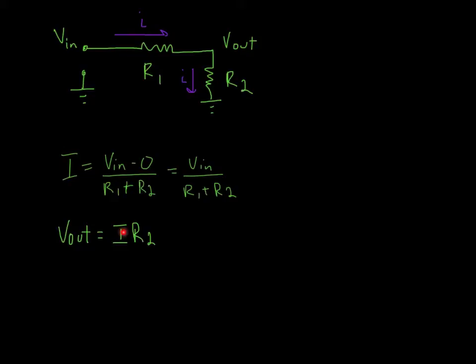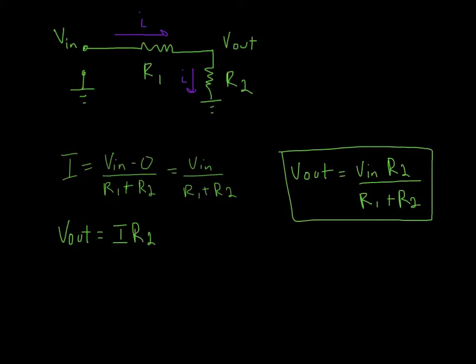When we combine these two equations together, we get V out equals V in times R2 over R1 plus R2. Pretty simple.